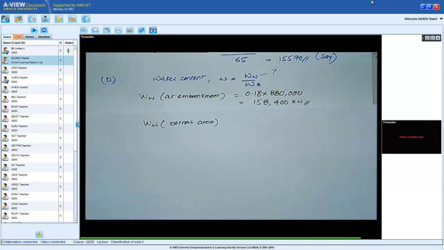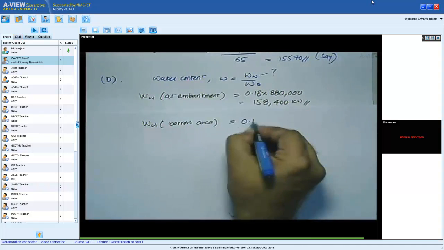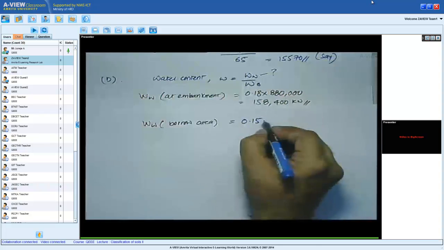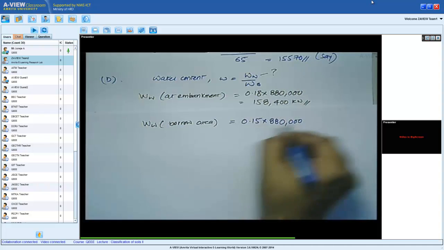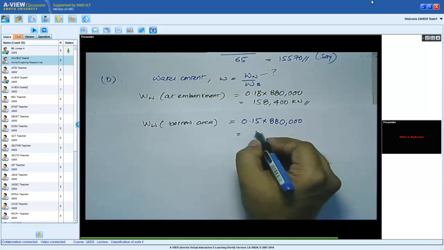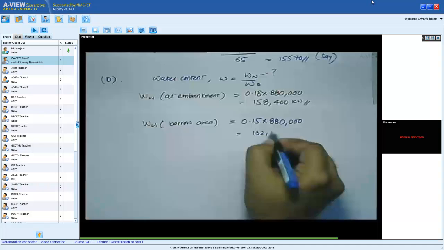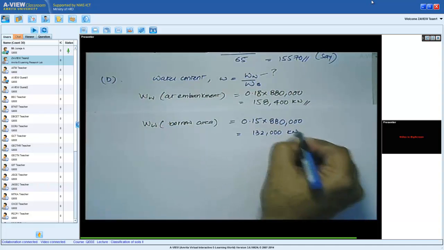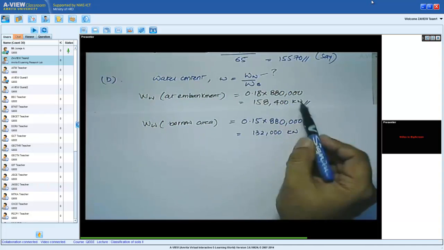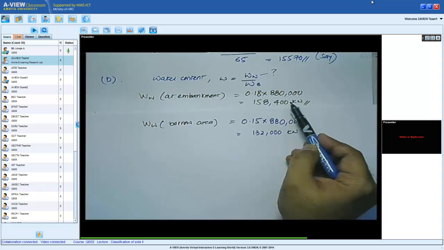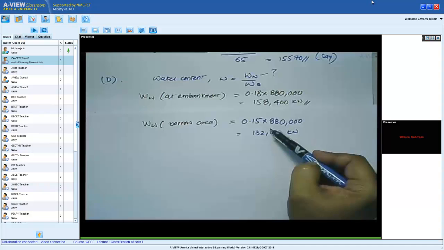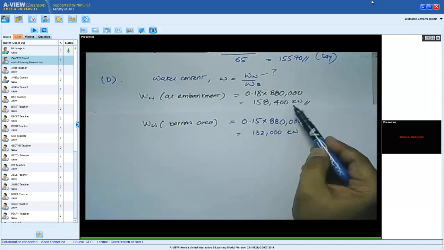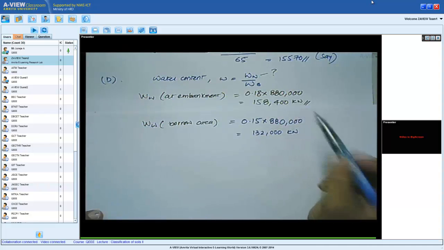So this equals 0.15, that's 15%, times the weight of solids, 880,000, which gives you exactly 132,000 kilonewton. So the weight of water we require is 158,400 and the weight of water which is available is 132,000.